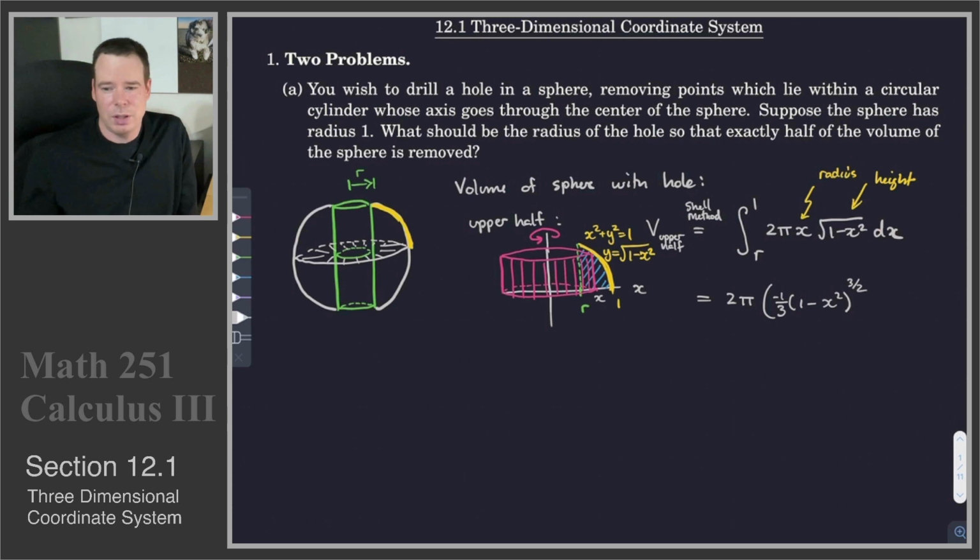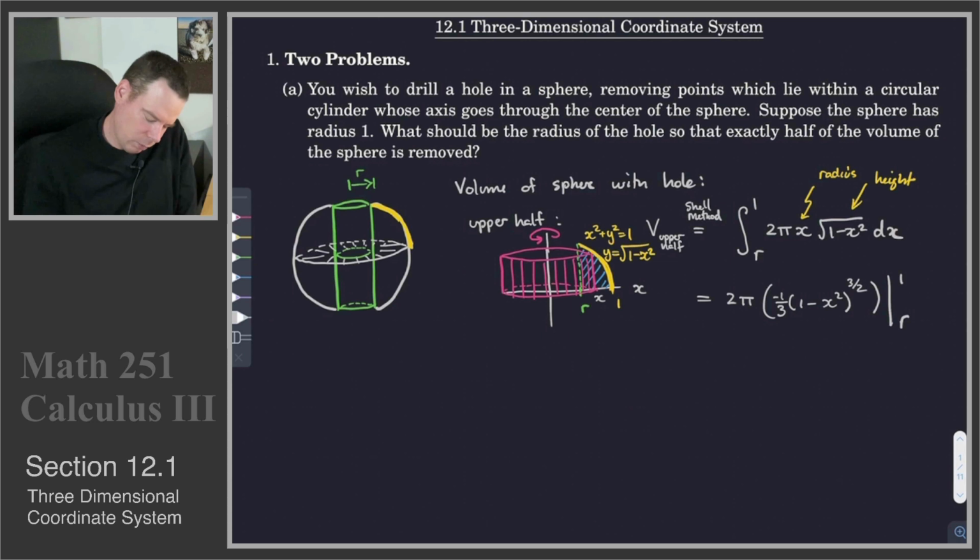Because when I differentiate this, the 3/2 comes down, the 3's cancel, and I just have a negative half out front. But then with the chain rule, I get a 2x that comes out front, or negative 2x, sorry. And the negative 2 cancels with the negative 1/2 to just leave me with the x out front. So there's our antiderivative. That's going from r to 1.